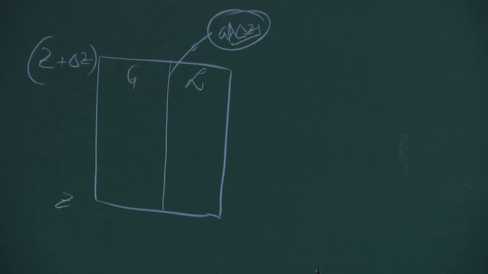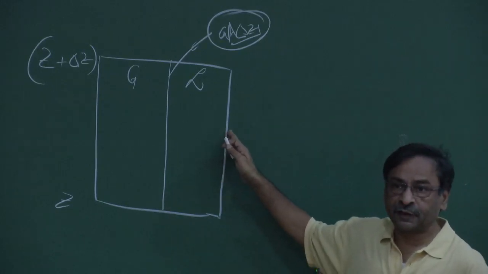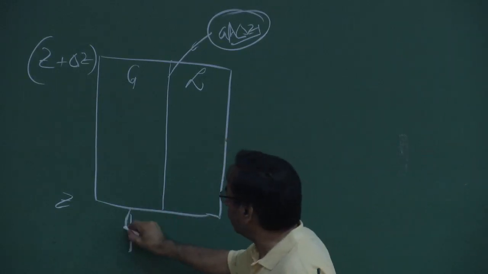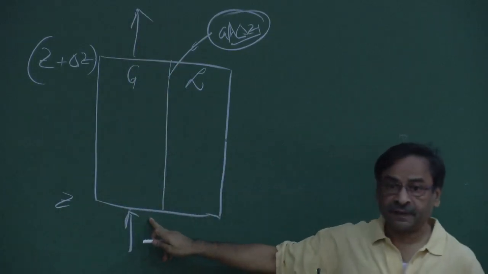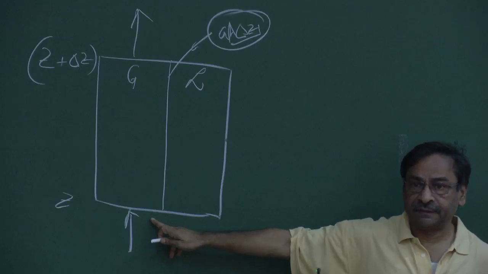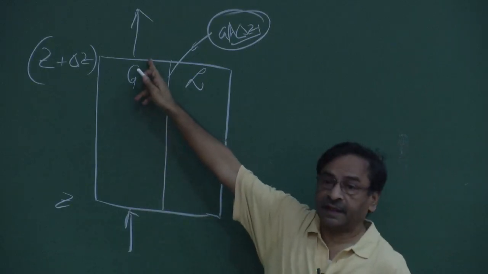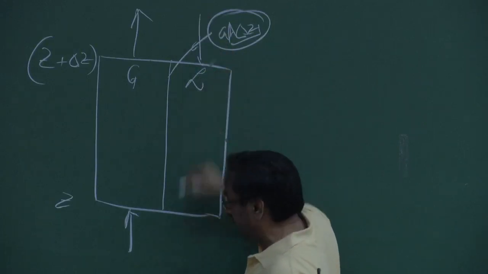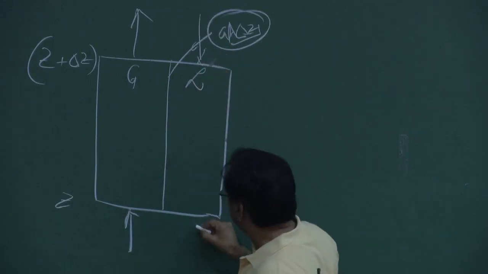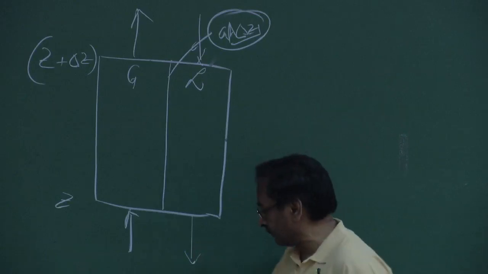So, we focus only on gas and liquid. The two balances we were talking about correspond to gas entering at Z and leaving at Z plus delta Z, and the other one with liquid entering at Z plus delta Z and leaving at Z.